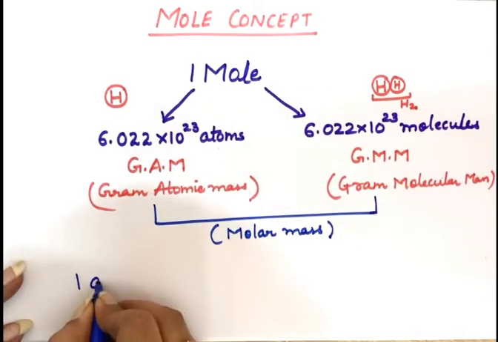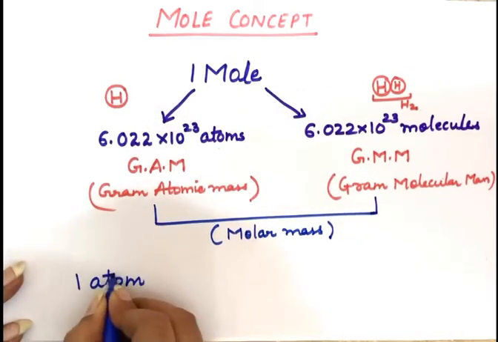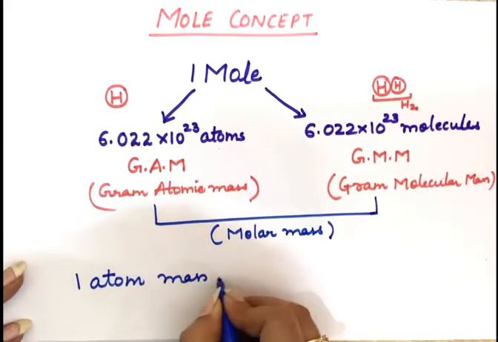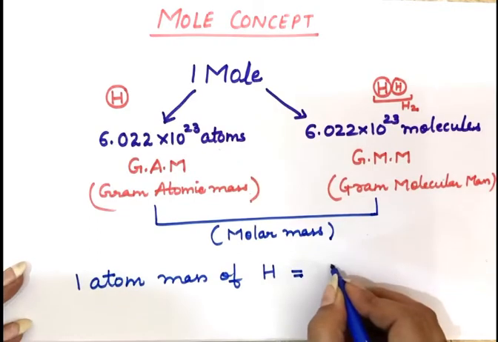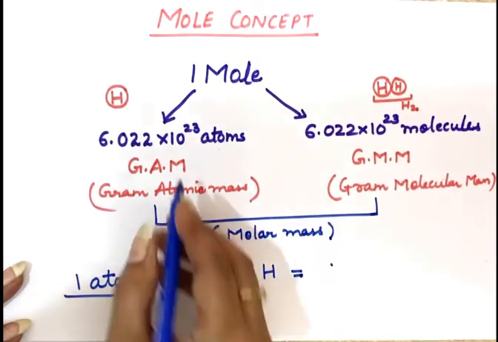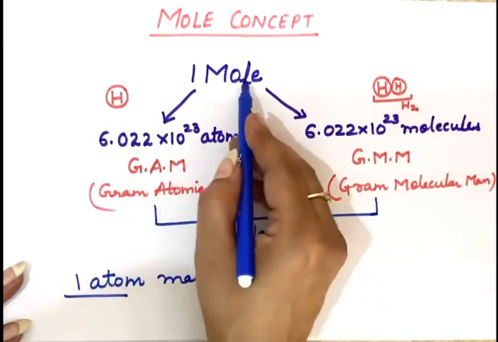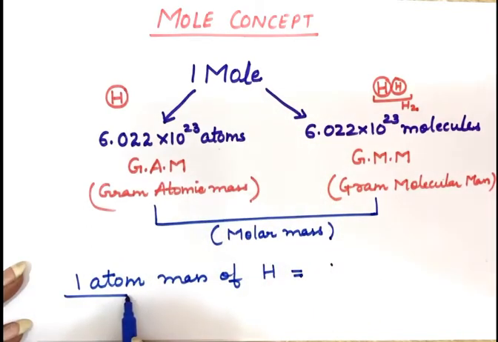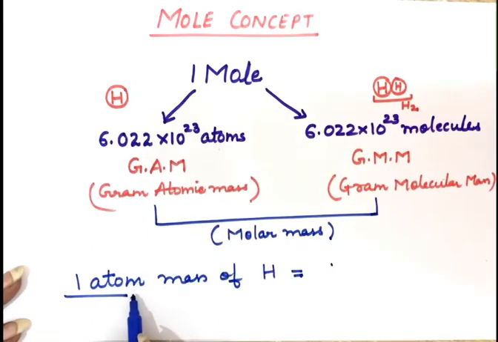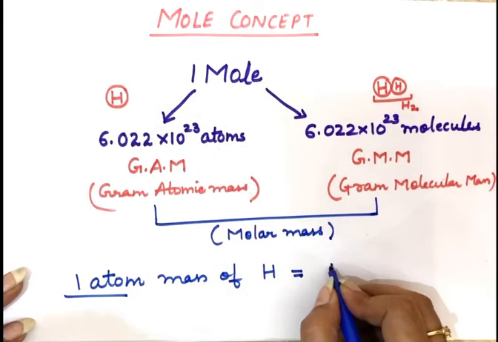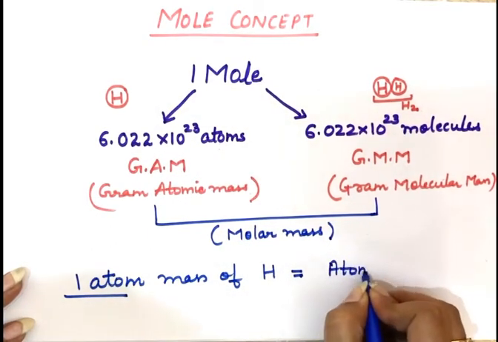So the mass of 1 atom of hydrogen, for example, I'm taking the hydrogen element, is just 1 atom mass, not these many number of atoms. Then this is not known as 1 mole, because I have not taken 6.022 into 10 raised to power 23 atoms. I'm taking just 1 atom. So that is known as atomic mass.